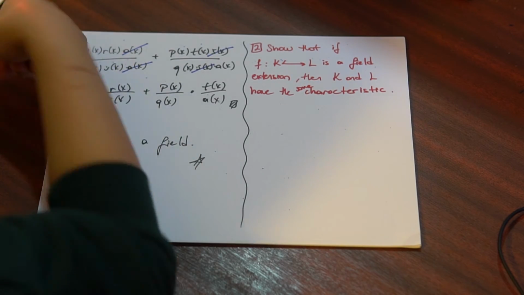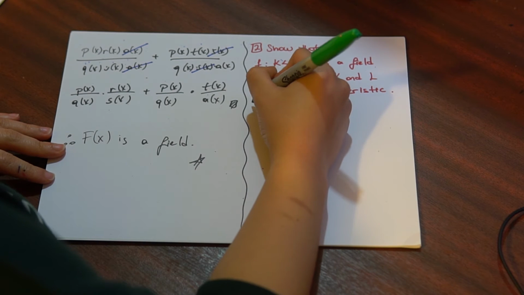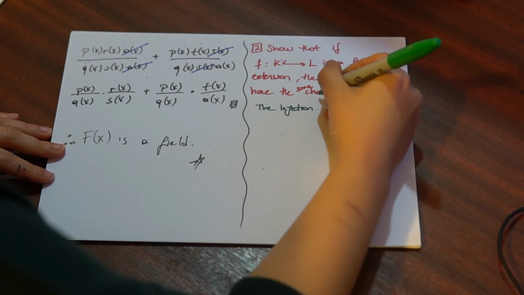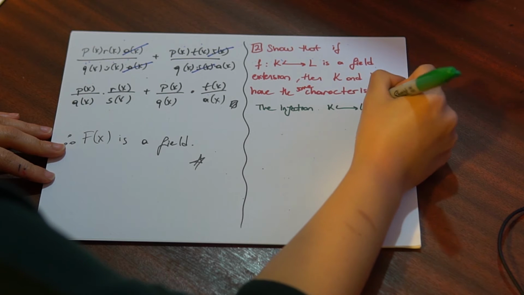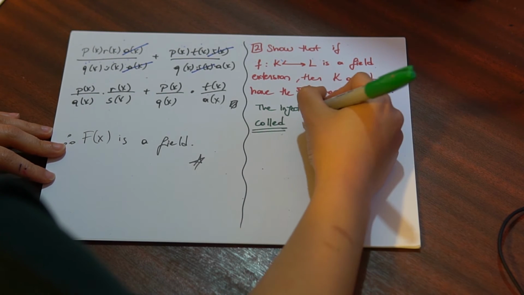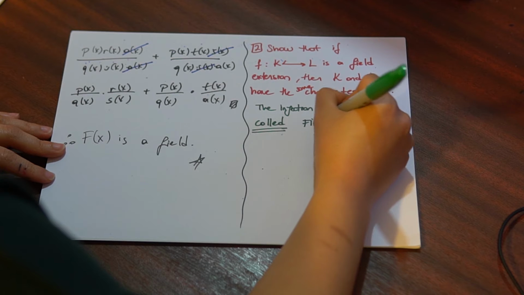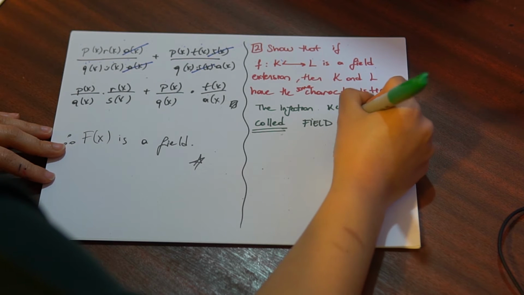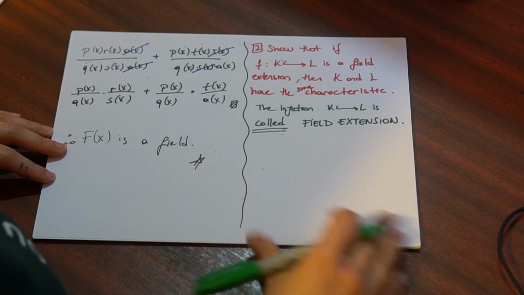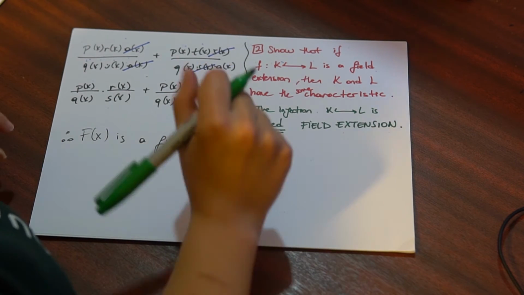Okay, let's recall what a field extension is. The injection K to L is called a field extension, so this map is an injection.